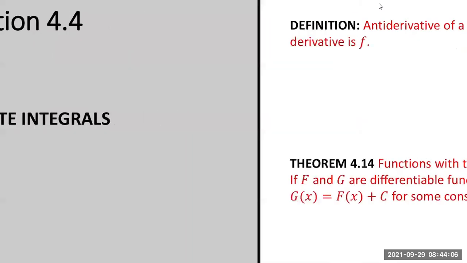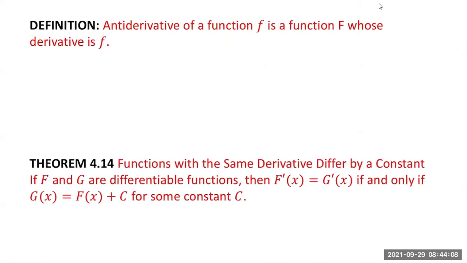I want to start with the definition of an antiderivative of a function. An antiderivative of a function lowercase f is a function uppercase F whose derivative is lowercase f. Okay, let's see an example. For instance, suppose you have f of x equal to 2x.